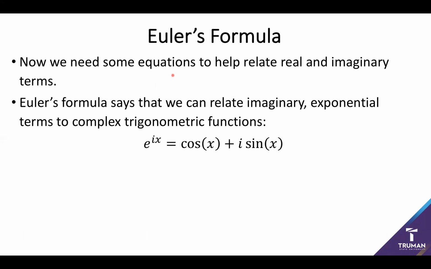Euler's formula is a way to essentially relate imaginary exponential terms to trigonometric functions. We start with the exponential of ix, so the exponential of an imaginary number times x. It turns out that this gives us a value of cosine x plus I sine x.